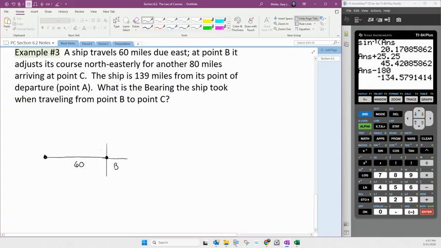And again, I have no idea the angle, but north and east. So I'm going to come out here. And we travel for 80 miles. And we arrive at point C. The ship is 139 miles from its departure point A.